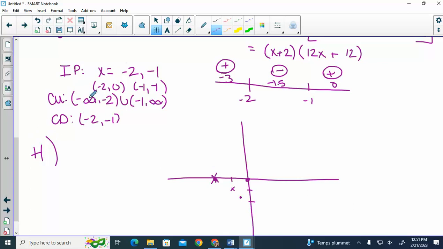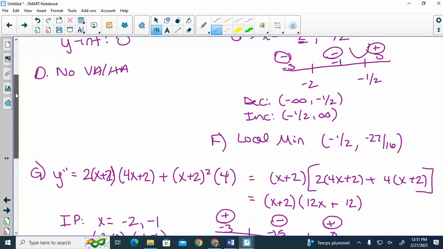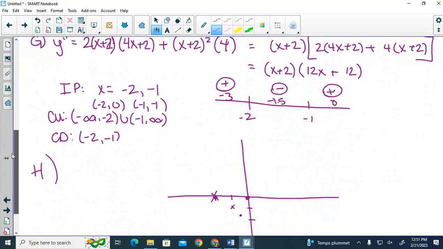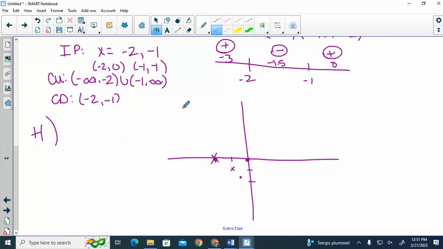Alright, so my graph. Until I get to this point, it's curved upward, concave up, and we know it is decreasing. So decreasing, but curved upward. Whoops, that's my mark there. Okay, we have to keep decreasing until we get down to our min, but we're going to be curved downward just slightly here in the middle.